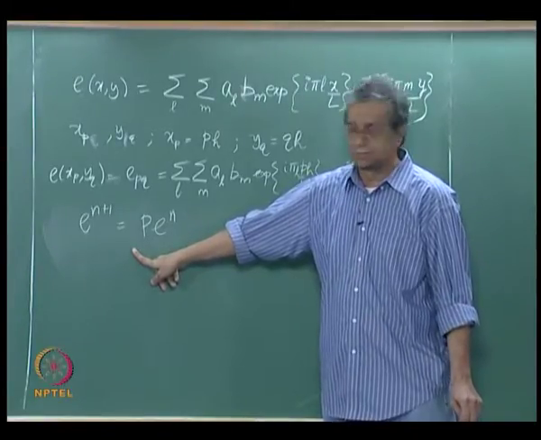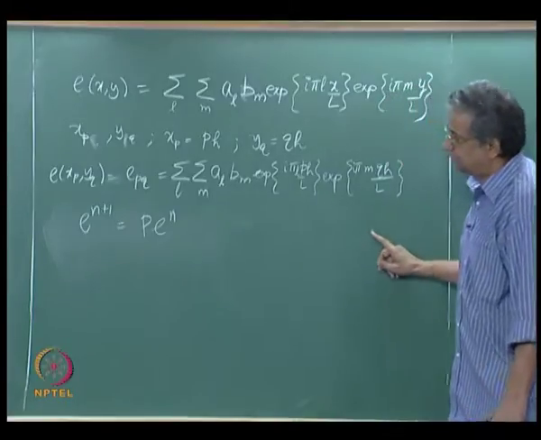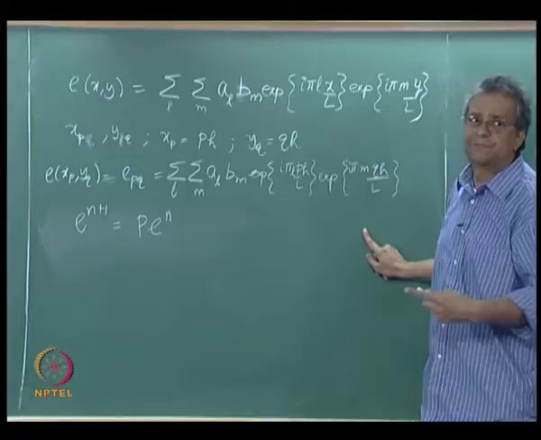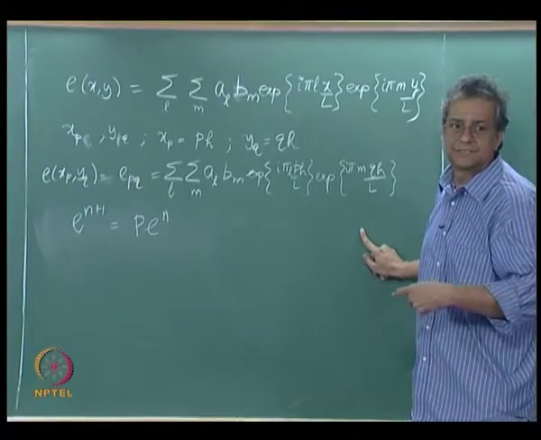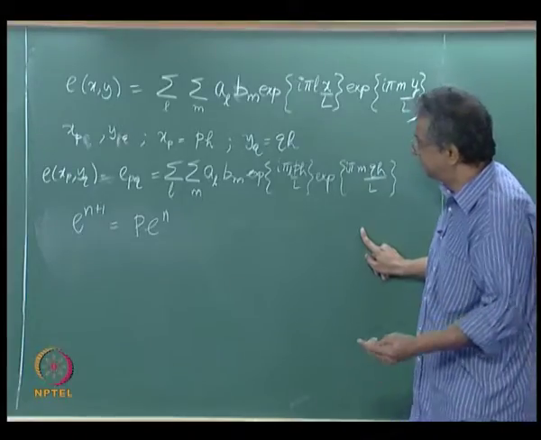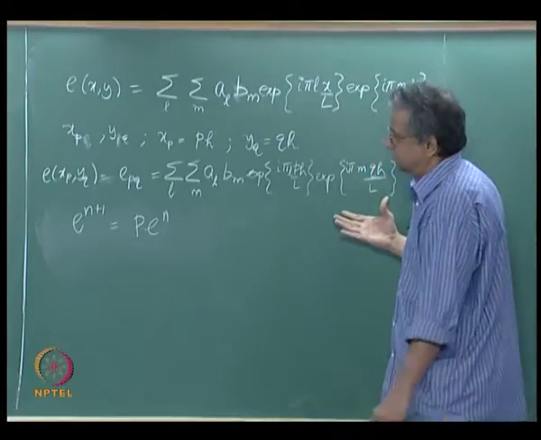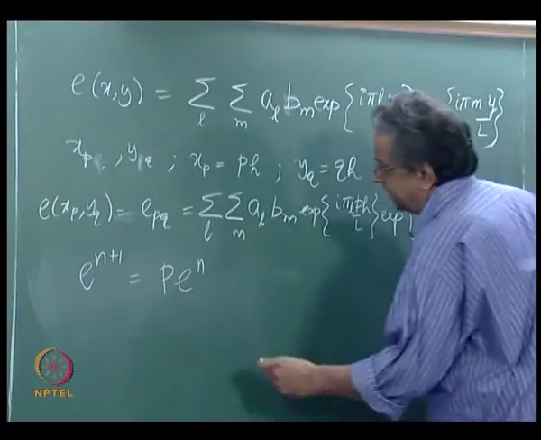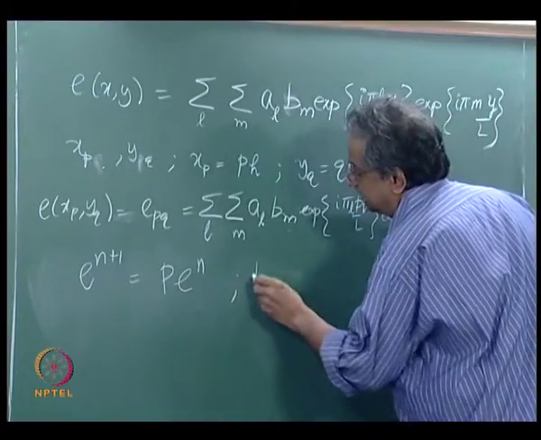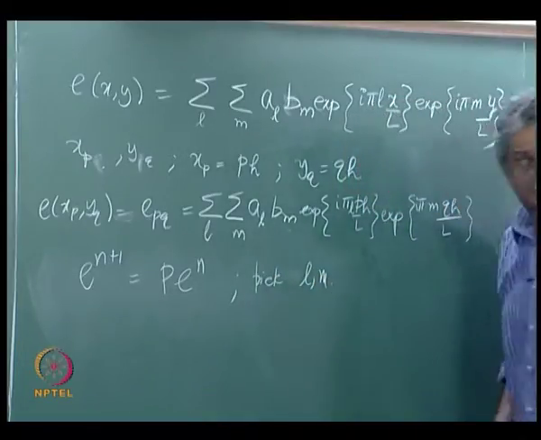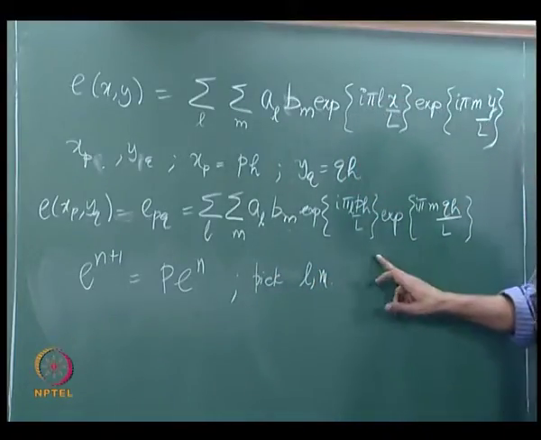Okay. So the objective of course is we want to find out which of these wave numbers is decaying the slowest. So I can pick an l and an m arbitrarily and I ask what happens to that component.